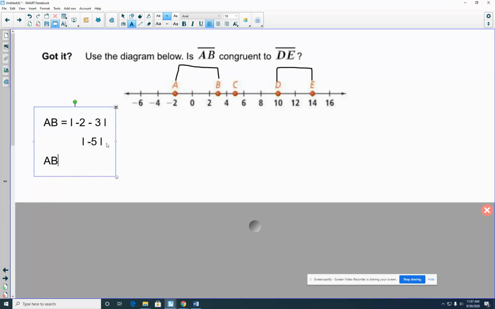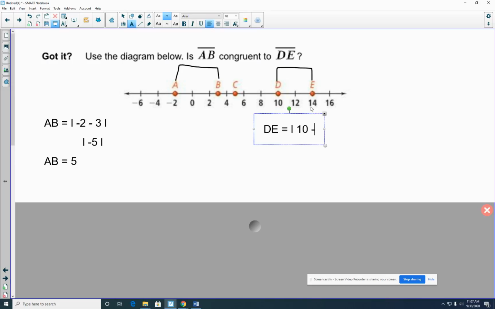So AB equals 5. And over here, you can do DE: the absolute value of 10 minus 14, which is the absolute value of -4. DE is equal to just 4.